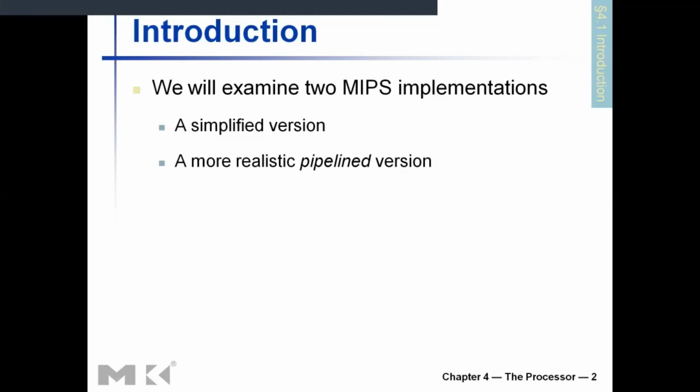So we will take this MIPS architecture, then we will look at 2 different microarchitecture implementations of this MIPS ISA. One is a very simplified version. We will use that to learn the basic fundamental theories behind this. And then we will look at a more realistic pipeline version.